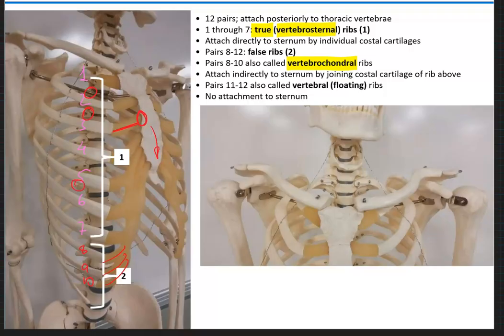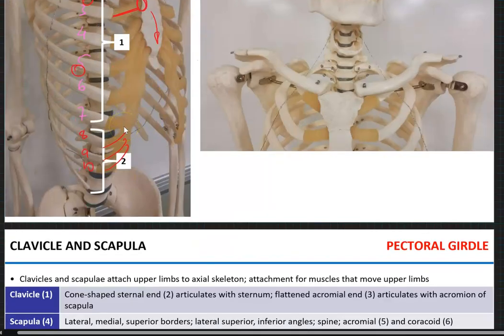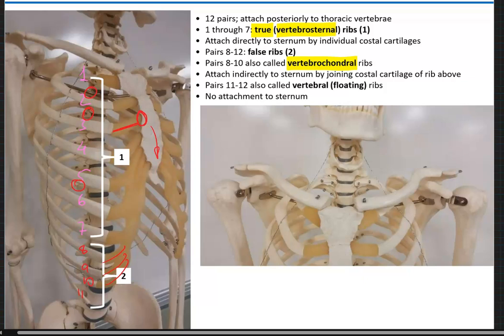Now 11 and 12, and we can't really see 12 clearly in that image, are called vertebral or floating ribs because they are attached only to the spinal column. These are the ribs that some people surgically remove to make them look more like a Barbie.